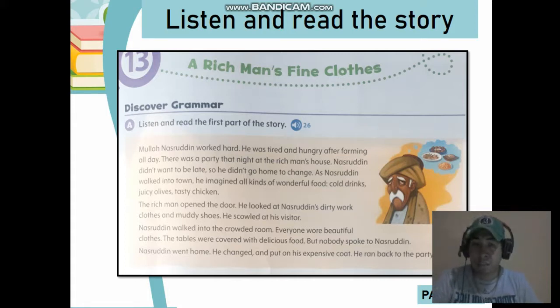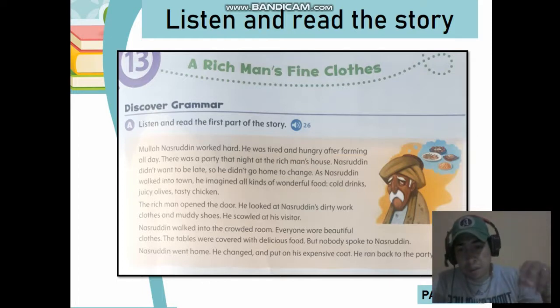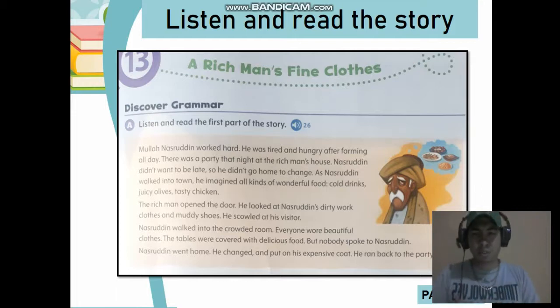As Nasruddin walked into town, he imagined all kinds of wonderful food: cold drinks, juicy olives, tasty chicken. The rich man opened the door. He looked at Nasruddin's dirty work clothes and muddy shoes. He scowled at his visitor.